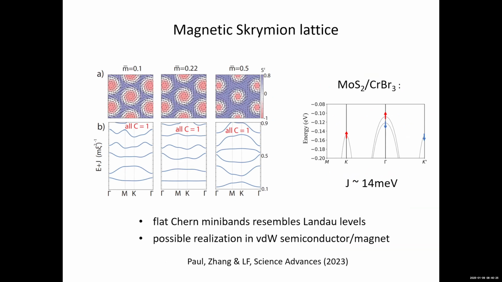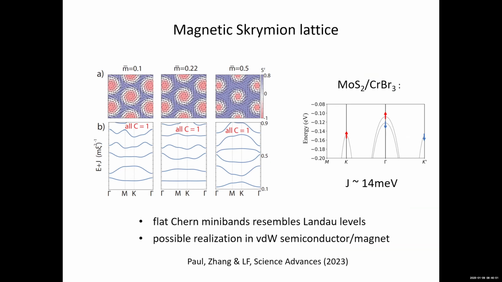Then in this adiabatic limit, we looked at different spin textures parameterized by several parameters, and in particular, one of the parameters corresponds to the net magnetization, which can be controlled by an external Zeeman field. For example, at high Zeeman field, the skyrmion size shrinks. Most of the spins are pointing up, and only in the core of the skyrmion the spin is pointing down.